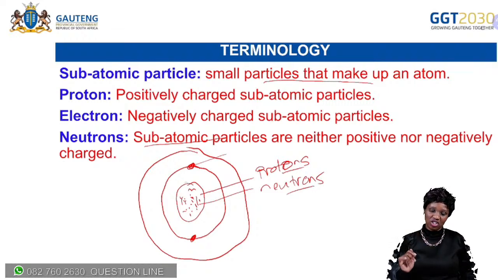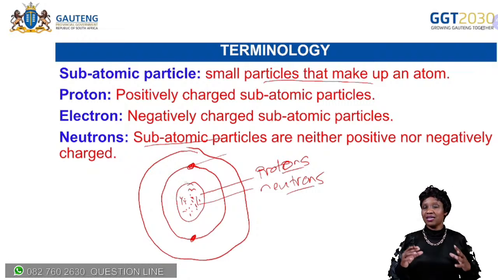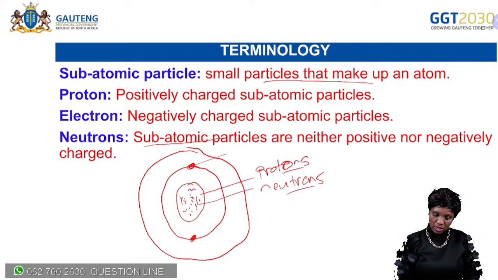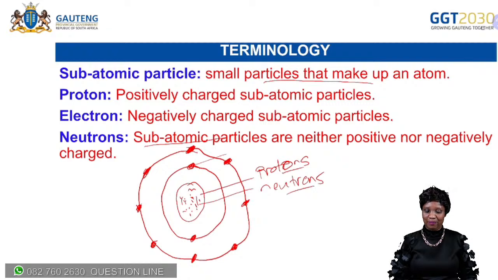And then the first energy level holds 2 electrons. And then the second energy level holds up to how many electrons? Grade 8. It holds up to 8 electrons. Therefore, let's put those 1, 2, 3, 4, 5, 6, 7, 8. All right. This is the second energy level.